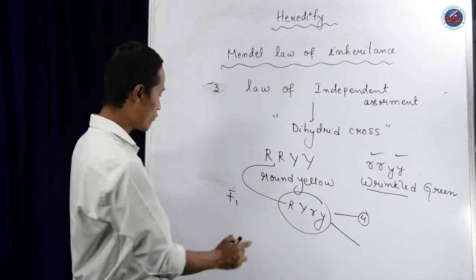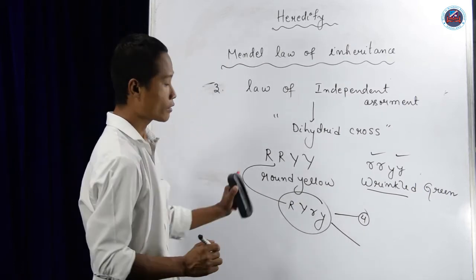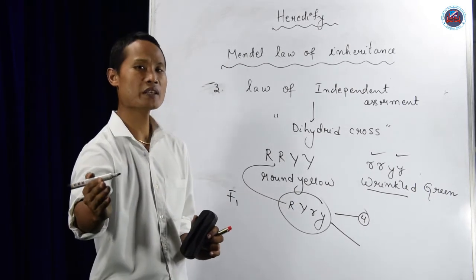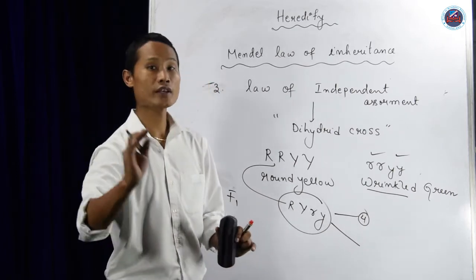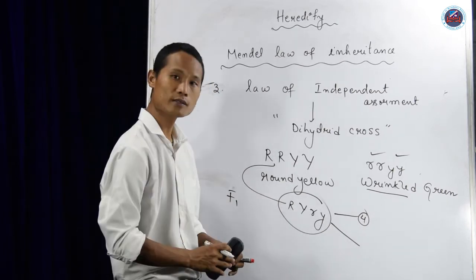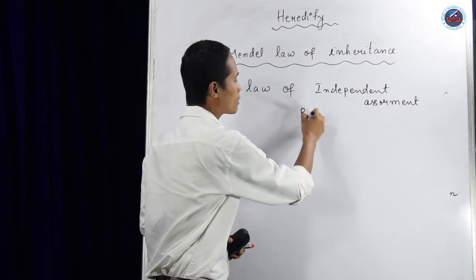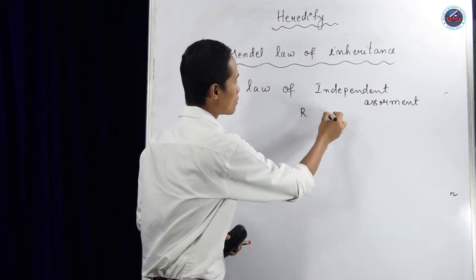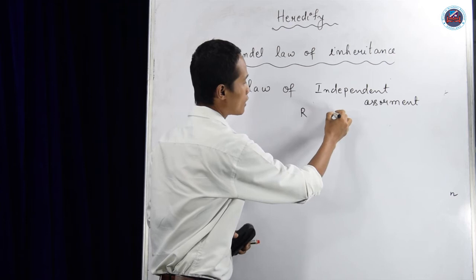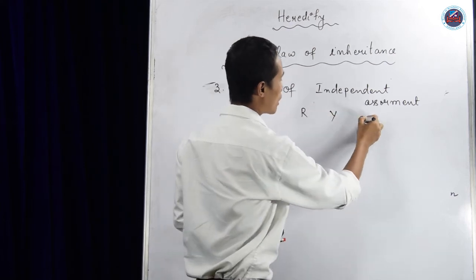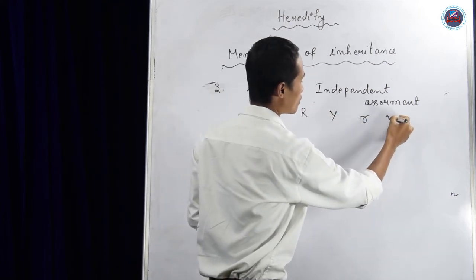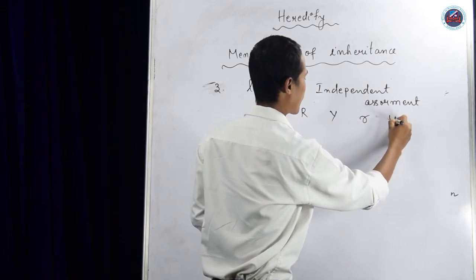Okay, during the F1 generation, let's see with the help of a Punnett square what the character of that plant will be. Capital R, capital Y, small r, small y.